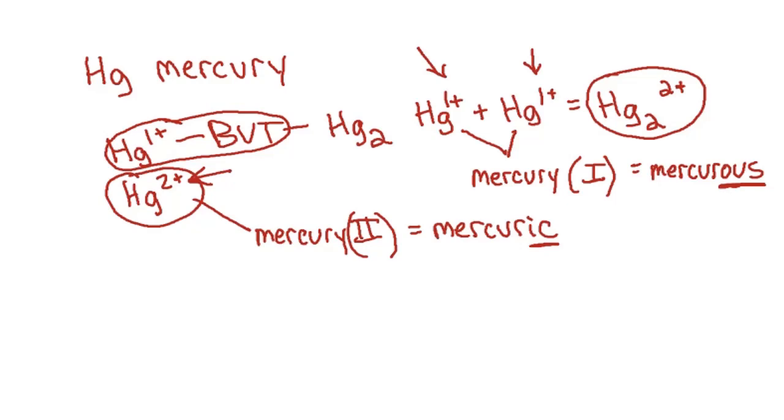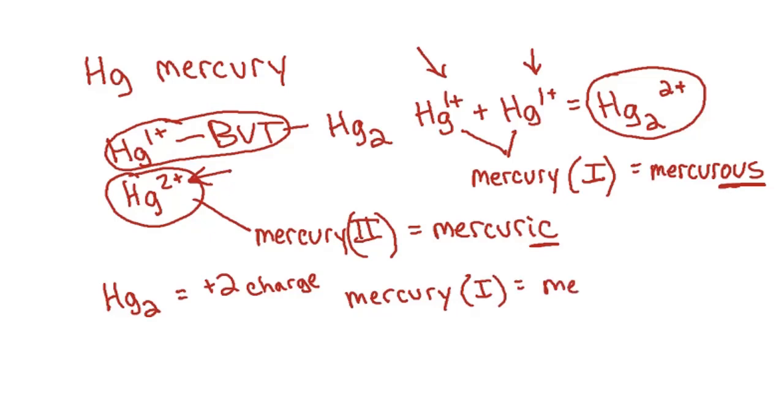Okay, so there can be two mercuries, and that's going to have a +2 charge. That's going to be called mercury number 1, or mercurous.